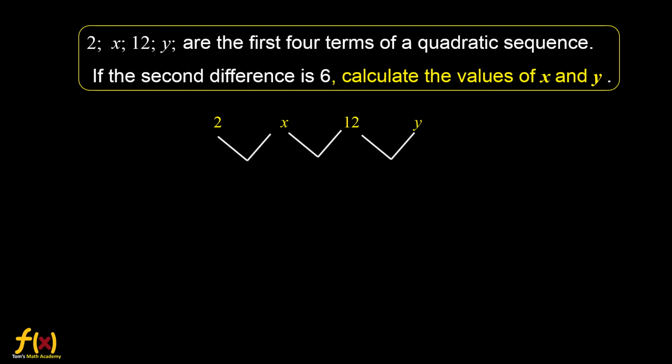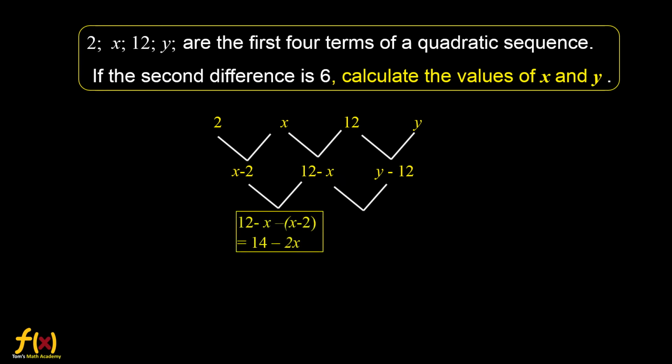First difference says x minus 2, 12 minus x, y minus 12. Second difference says, again we continue very carefully, we simplify, we get 14 minus 2x, and we simplify, we get x plus y minus 24.